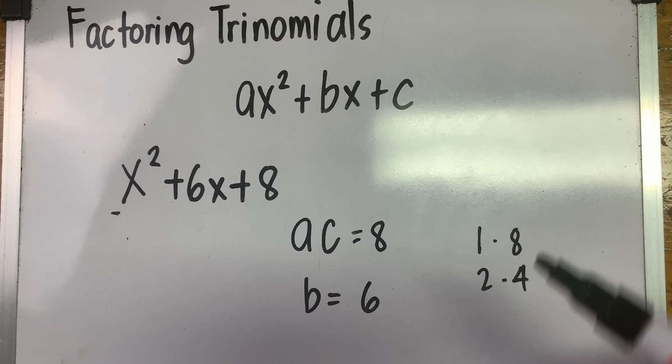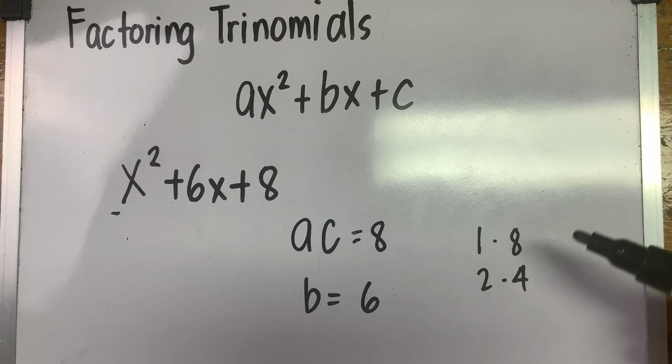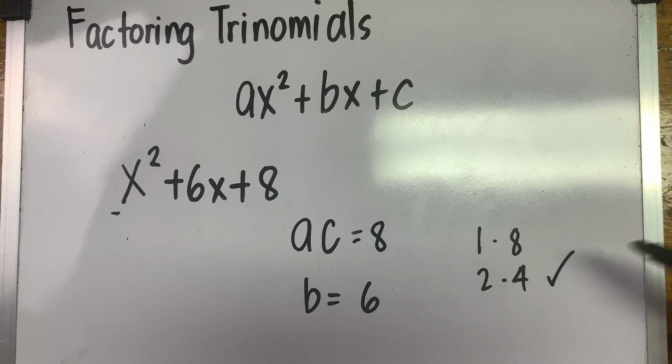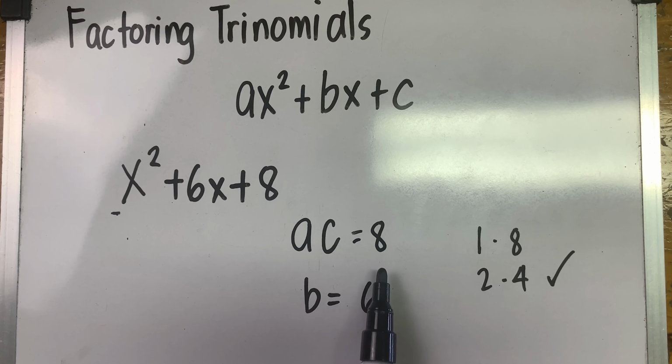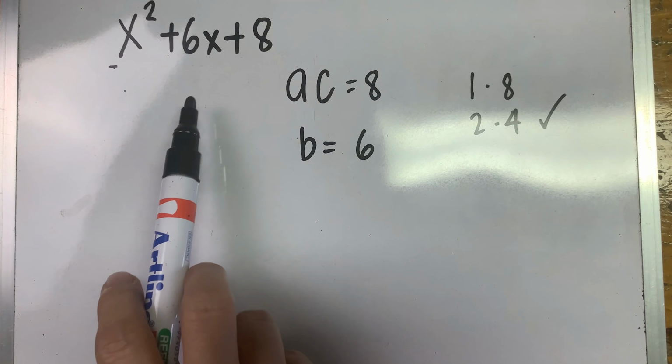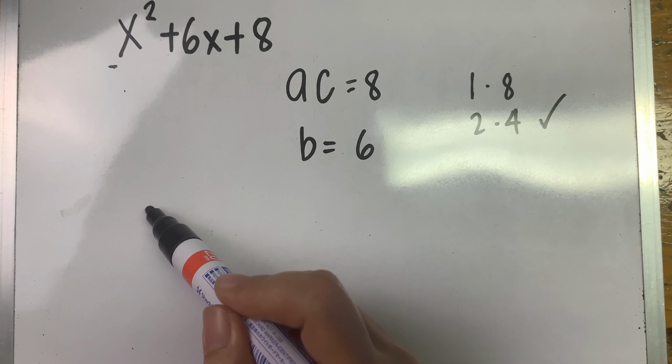Ngayon, since ang kailangan natin ay positive 6, hanapin natin yung sum that will lead us to positive 6. So, yung dalawang number na to ay ang 2 at ang 4. So, ito yung kukunin natin na factors ng 8. So, to get the factors of x squared plus 6x plus 8, hanapin natin ang factors ng x squared.